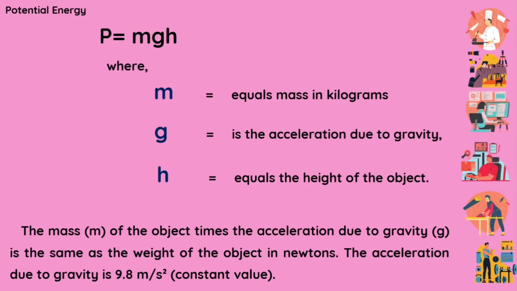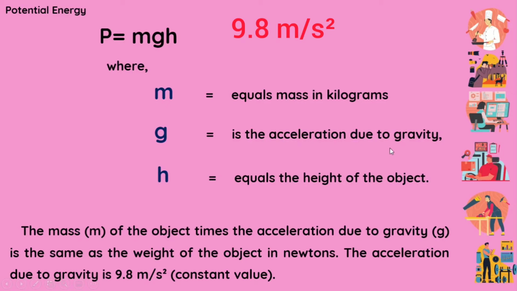Ang ginamit natin doon ay 10 meters per second squared dahil ni-round off natin. But for this computation, for potential energy, we will be using the constant value, the exact value, which is 9.8 meters per second squared. So, tandaan, constant ang value ng acceleration due to gravity.